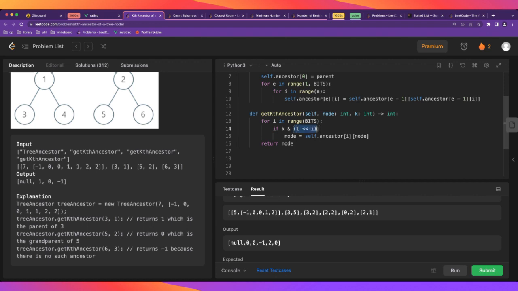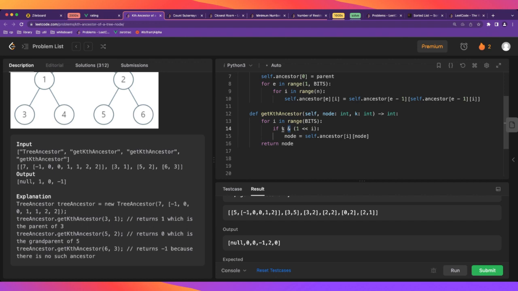So this is making a power of 2. It is shifting the bit to the ith position, and I'm checking if it is on in k.